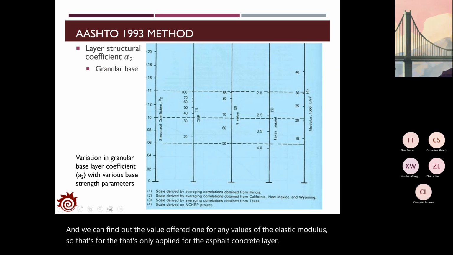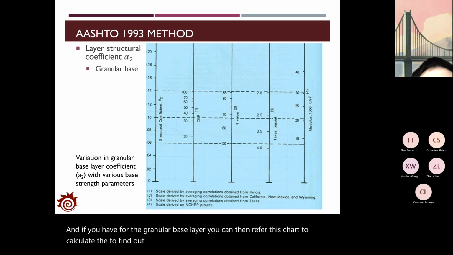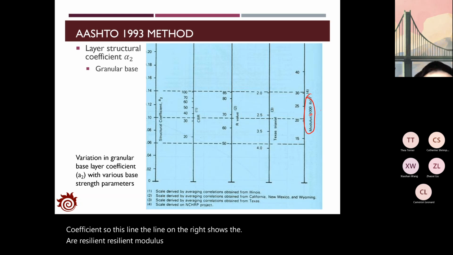If you have the granular base layer, you can refer to this chart to find out the coefficient. The line on the right shows the resilient modulus in thousands.